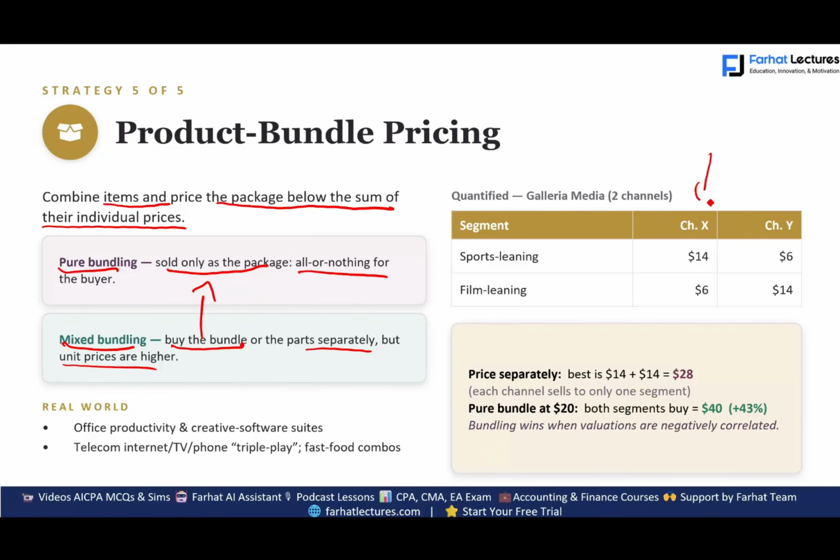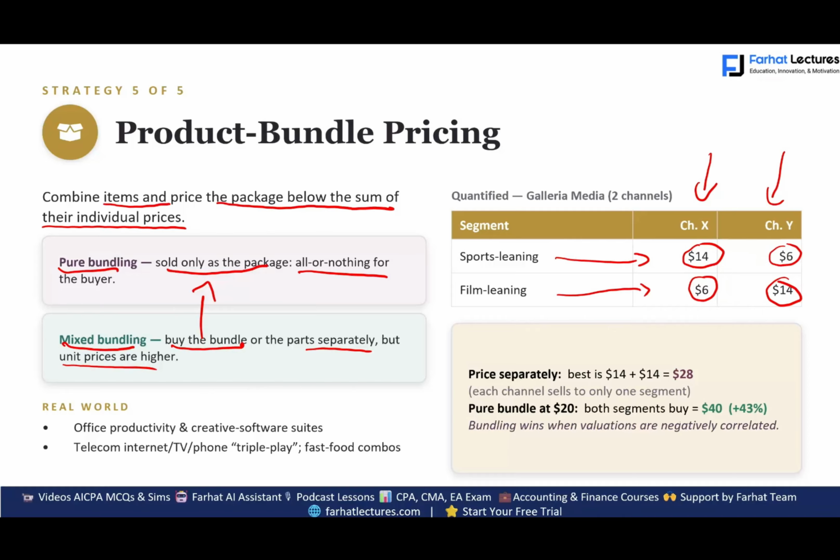Let's assume we have 2 channels and 2 customers. One customer loves sports, and values channel X, the sports channel, at $14, and the movie channel, the film channel, at $6. The other customer loves movies, and values the movie channel at $14, and the sports channel at $6.